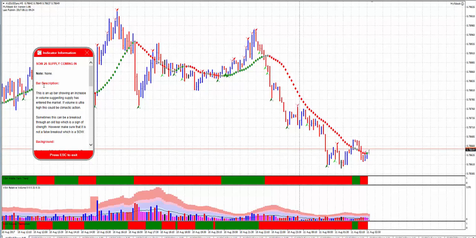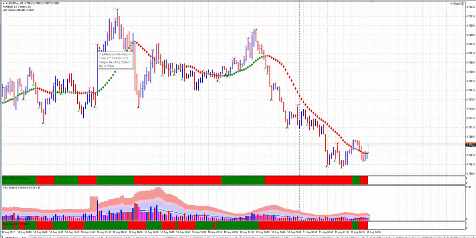If volume is ultra high, this could be climactic action, and we do see ultra high volume. Sometimes this can be a breakout through an old top, which is a sign of strength. However, make sure that it is not a false breakout, which is a sign of weakness. Okay, so certainly this is climactic action. It's broken out above a previous top.